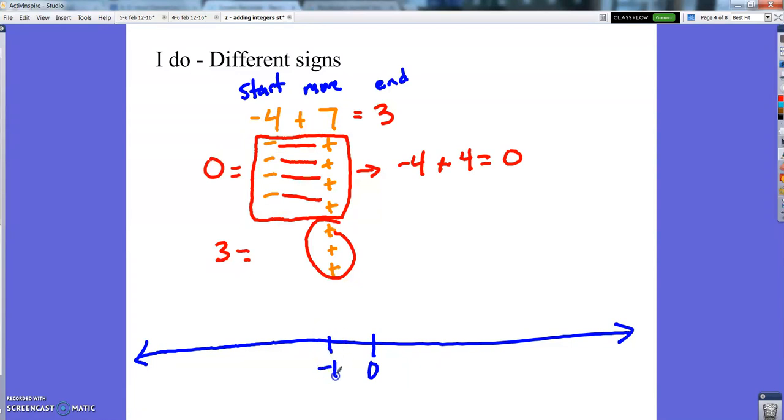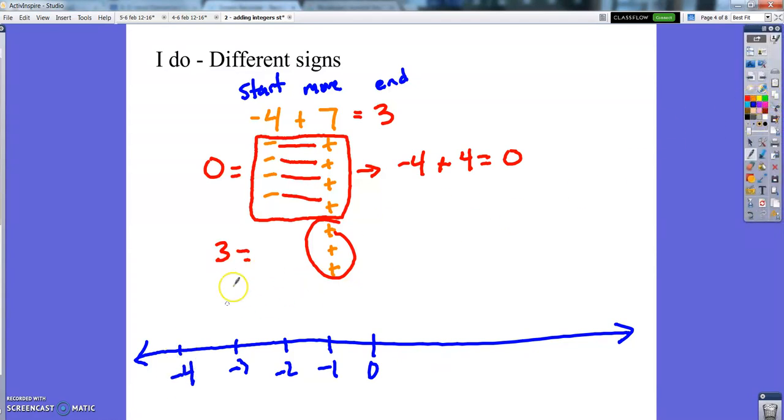So I'm going to go back to -4 to start. So I'm going to start there. Change colors. And I'm going to move 7 units in the positive direction, toward the positive numbers. So moving by what this value is.